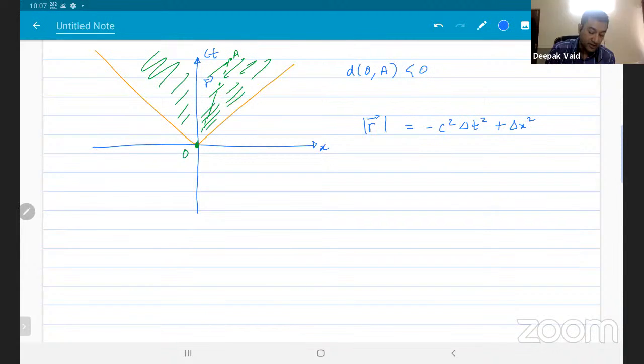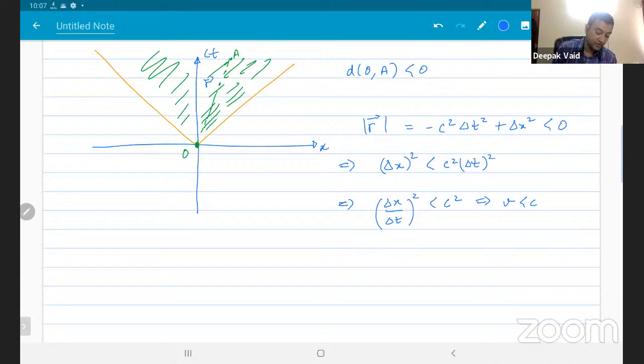And this is less than 0, which means that delta x squared is less than c squared delta t squared. Which means that delta x by delta t squared is less than c squared, which means that v is less than c. What is v?